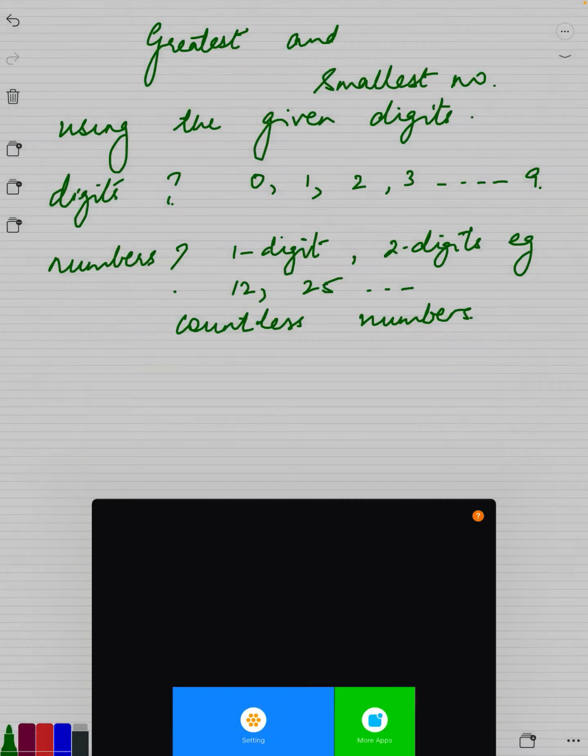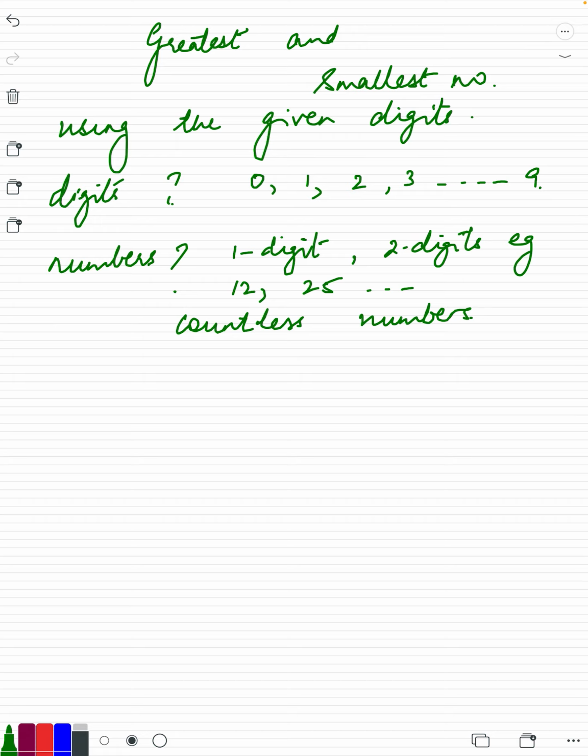Right? So dear students, when I give you certain digits, I can give you 4 digits, I can give you 5 digits. Now when we have studied large numbers, I can give you even more digits, right? So for example, if I give you 3, 7, 8, 0, 2, 9.